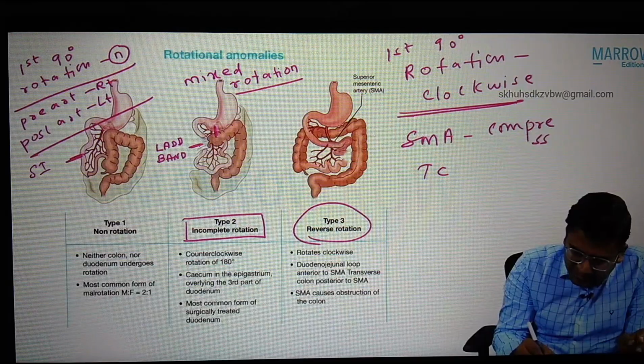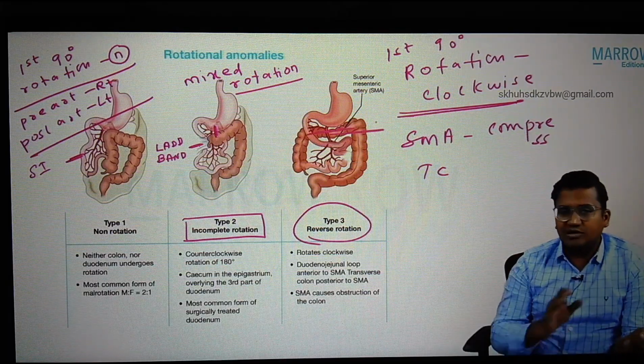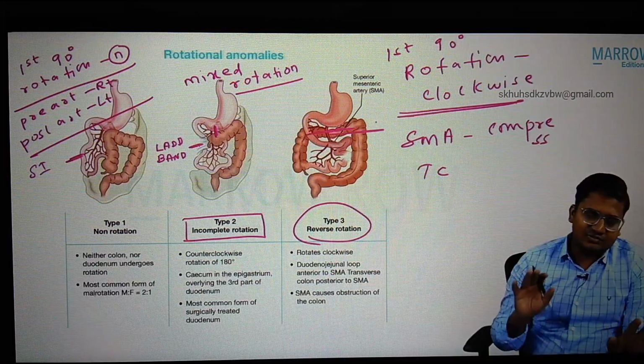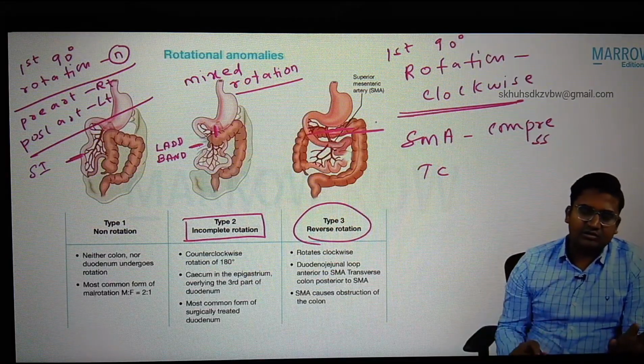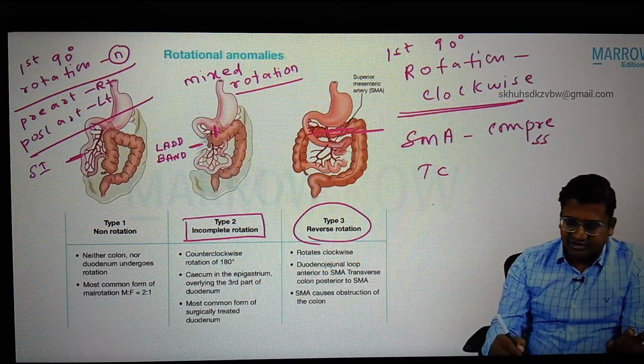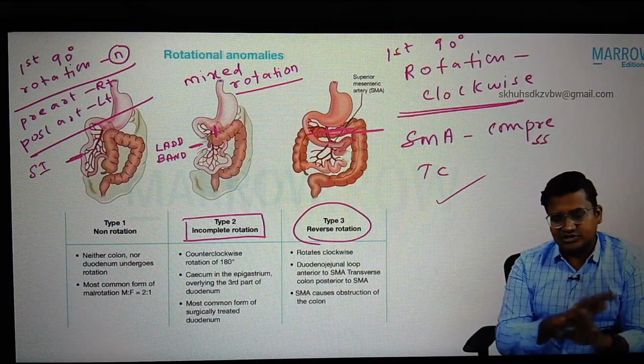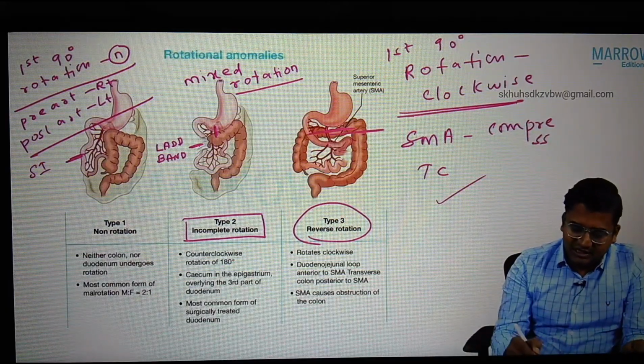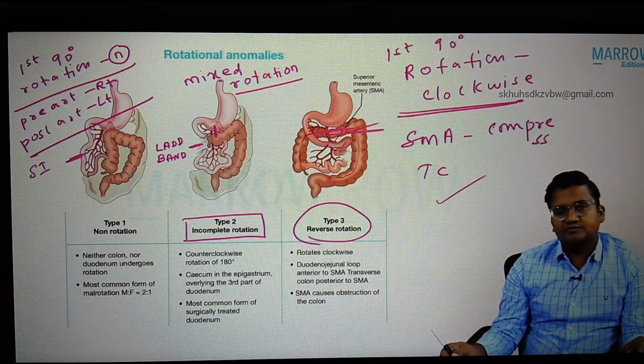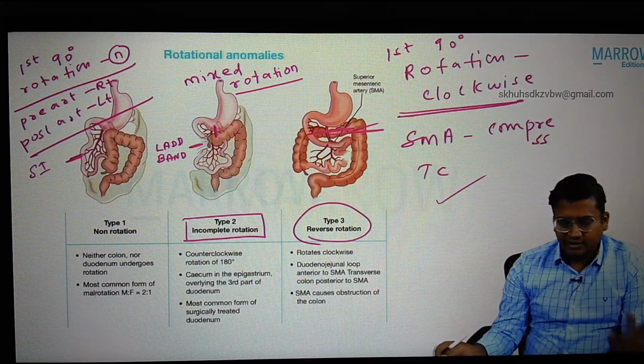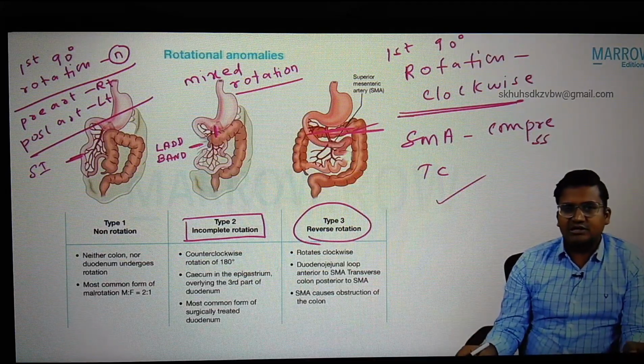See here, this is the superior mesenteric artery compressing the transverse colon. Normally, the superior mesenteric artery passes behind the transverse colon, but here in the reverse rotation, the relation is opposite. Is that clear? That's all about the rotational anomalies.